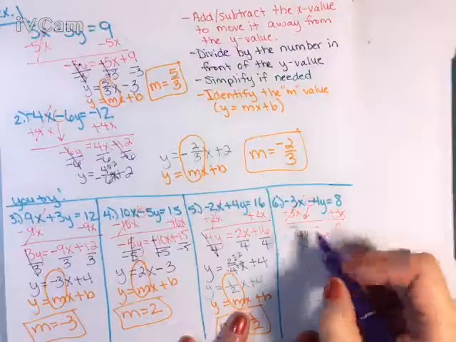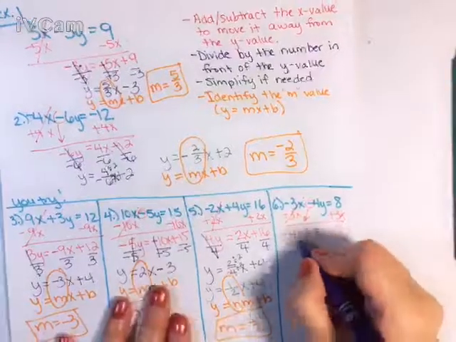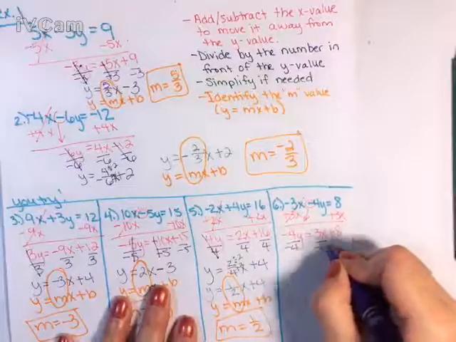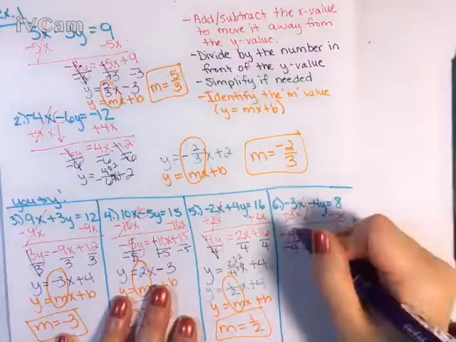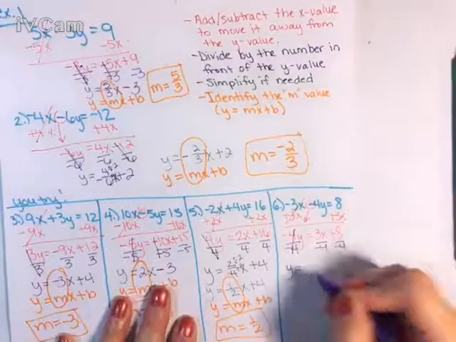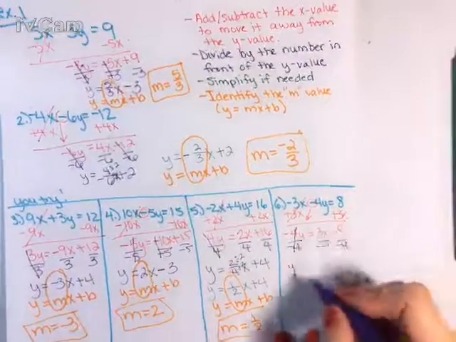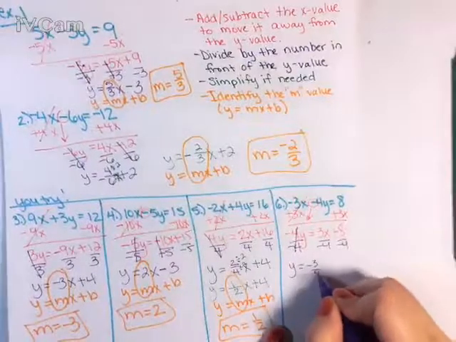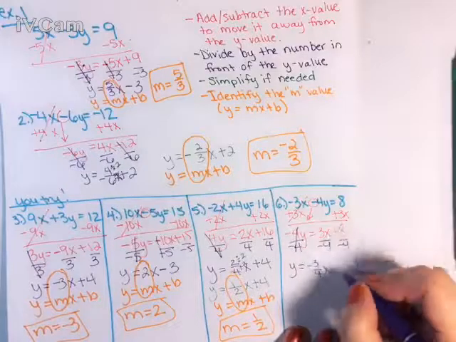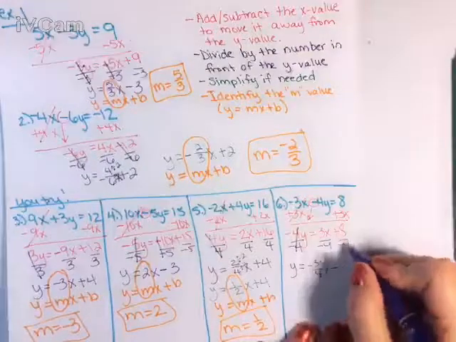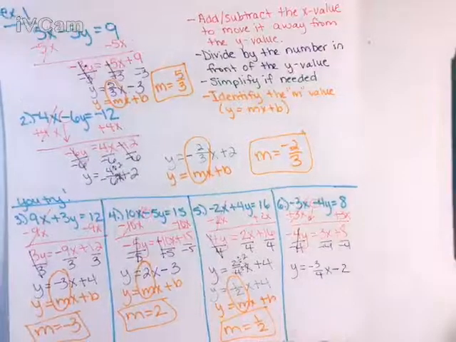Next, we're going to divide by the number in front of our y on all the terms. These 4's are going to cancel. You get y equals. These do not divide, so I'm just going to rewrite the fraction as it is. Then 8 divided by negative 4. Positive divided by negative is a negative, and then 8 divided by 4 is going to give you 2.